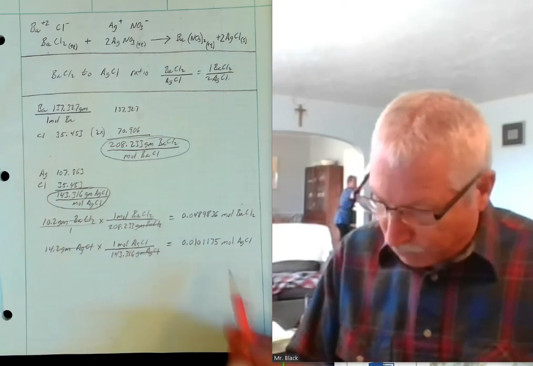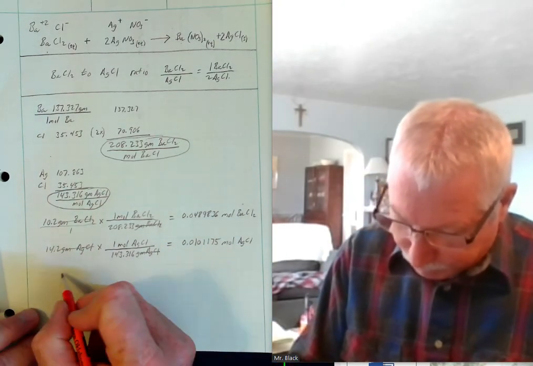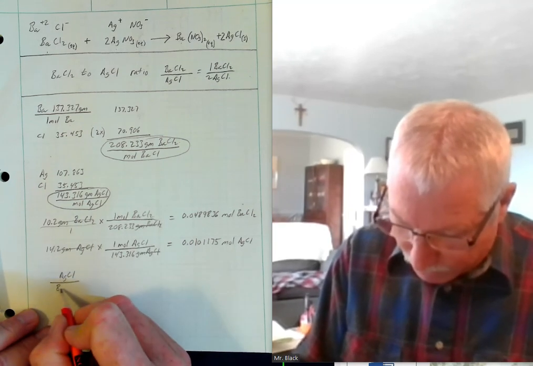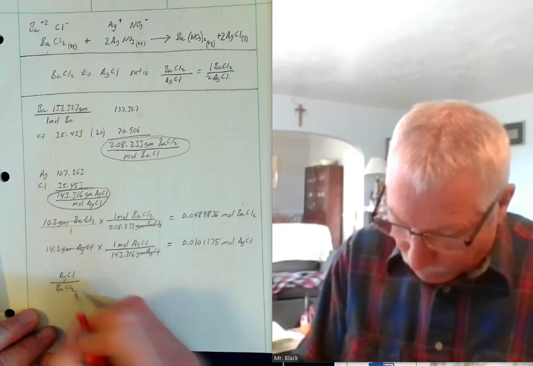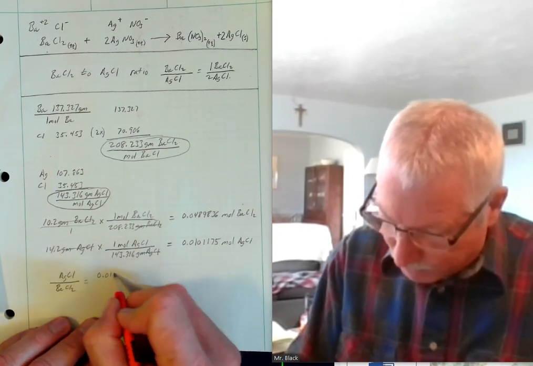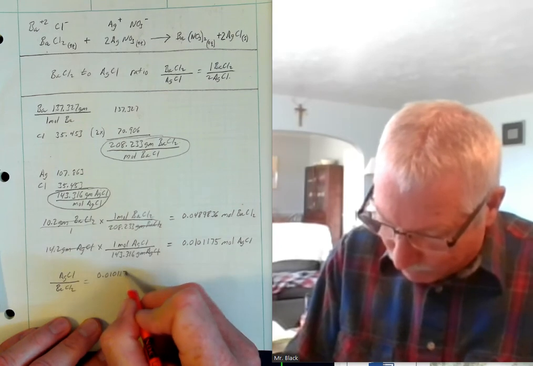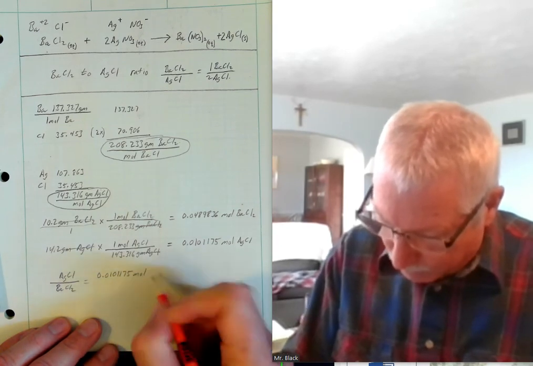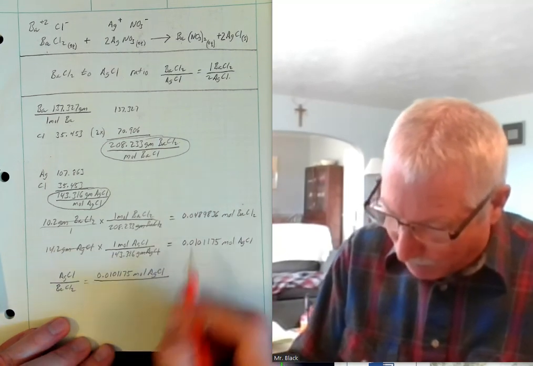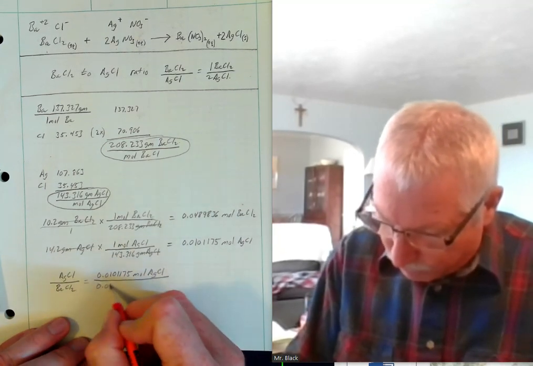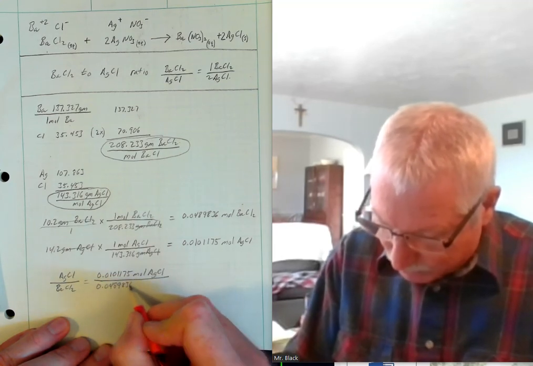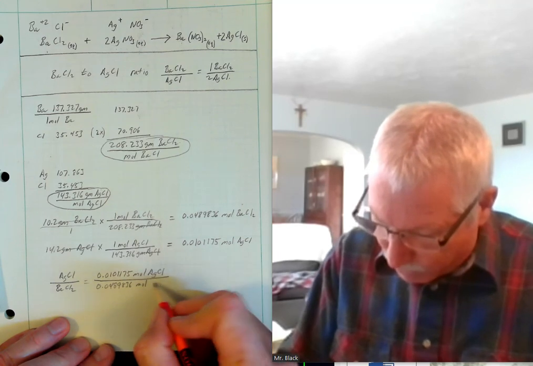All right, so we're going to put silver chloride on top, and barium chloride on the bottom. All right, we had 0.0101175 mole of silver chloride, and we're going to divide that by 0.0489836 mole of barium chloride.